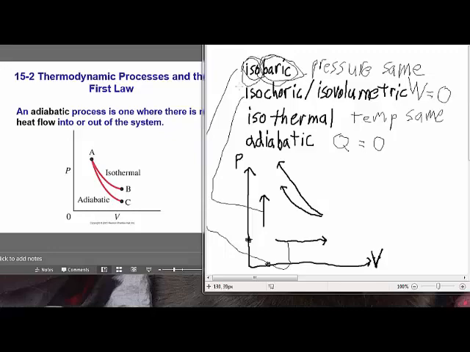Okay, now back to the hard part, distinguishing isothermal from adiabatic. So let's imagine a process where we're squeezing down our gas, we're pushing in a piston, contracting the gas. Maybe we're doing this really quickly. So what must happen to this sample of gas?